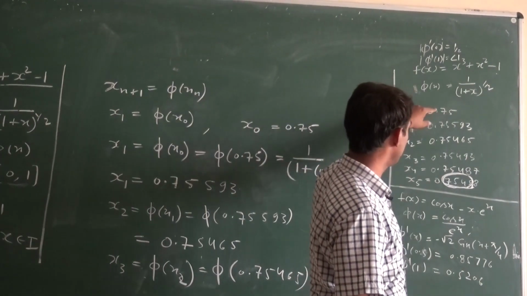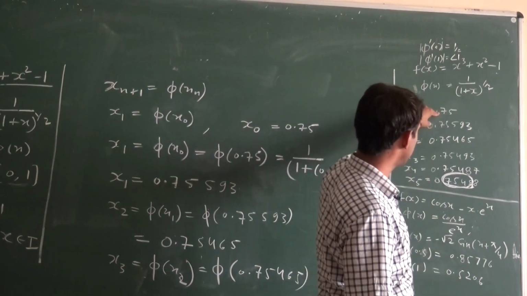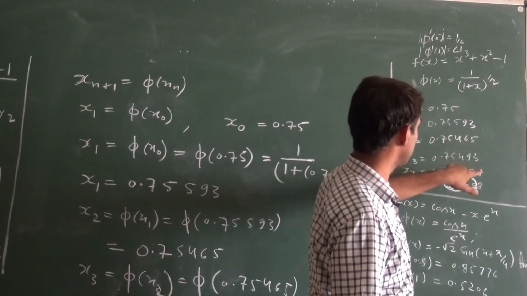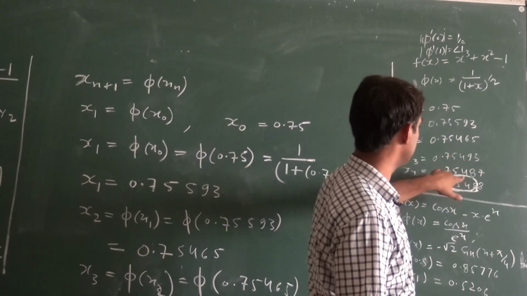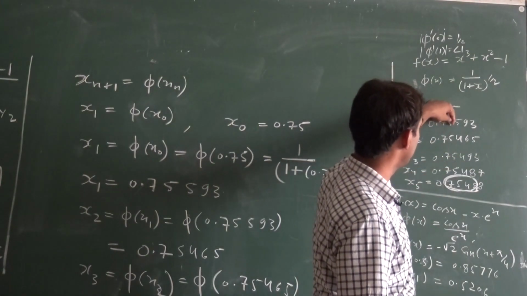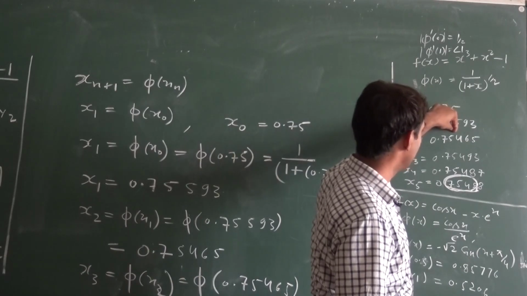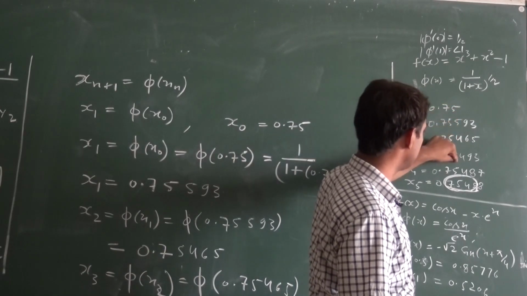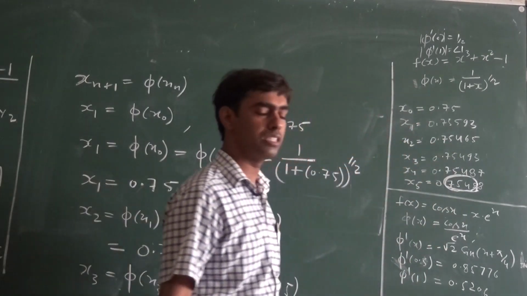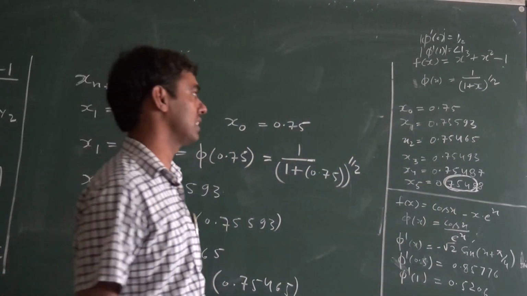If we closely observe, this one is 593, then this one is 465, this one is 493, then this one is 487. So first this one decreases, then increases, then decreases, then increases. This is a case of spiral convergence.